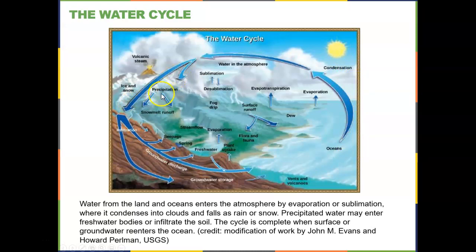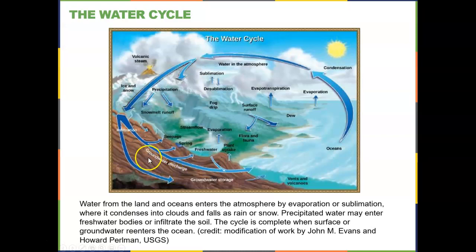So condensation and precipitation are going to return gaseous water into a liquid form or a solid form as snow or ice. We then have subsurface water flow, which is shown here. That's under the ground. So water can move or actually can be stored underground.